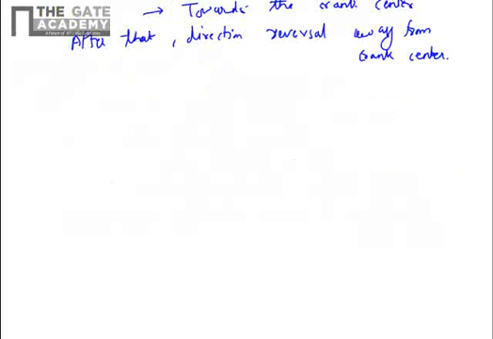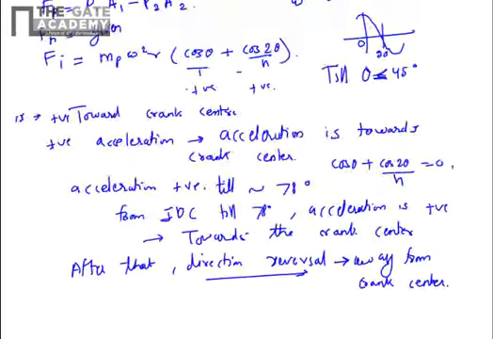The exact angle at which the direction reversal takes place, where the piston starts to accelerate away from the crank center, can be determined from this equation, cos theta plus cos 2 theta by n equal to 0. For n equal to 5, we got this value in our earlier numerical example. For different n, it will be different.